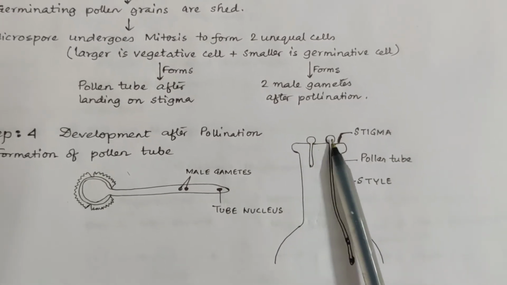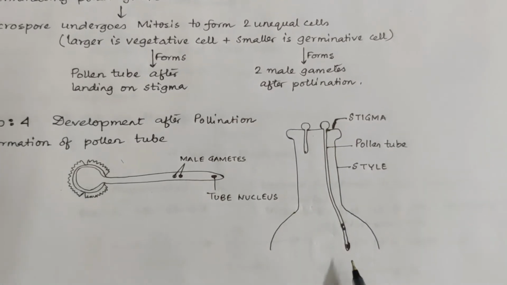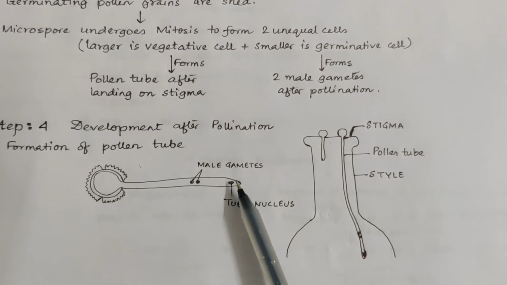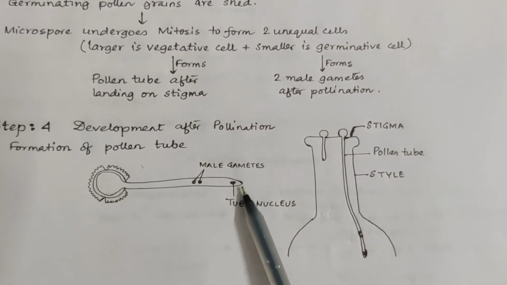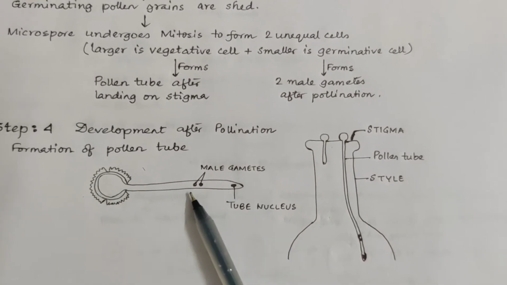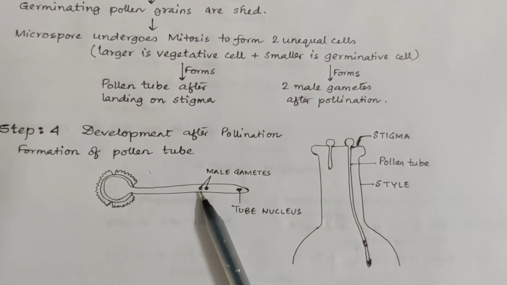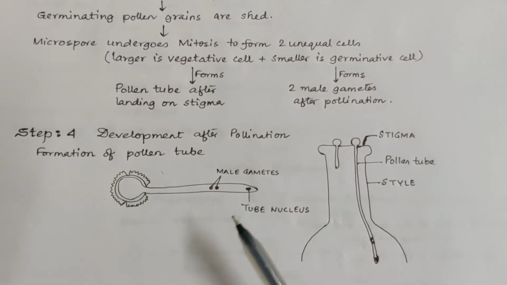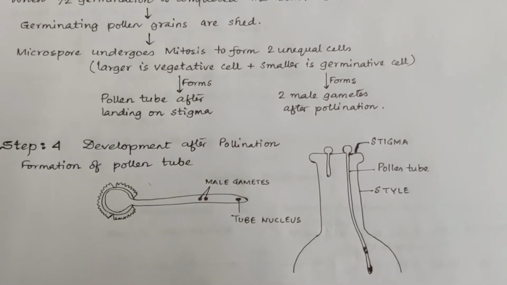The pollen tube contains 2 parts. The one is tube nucleus, which comes just at the peripheral part of pollen tube, and there are male gametes. So this is the development of microspore.